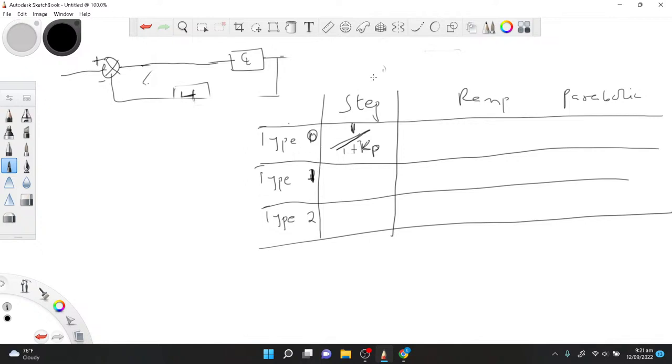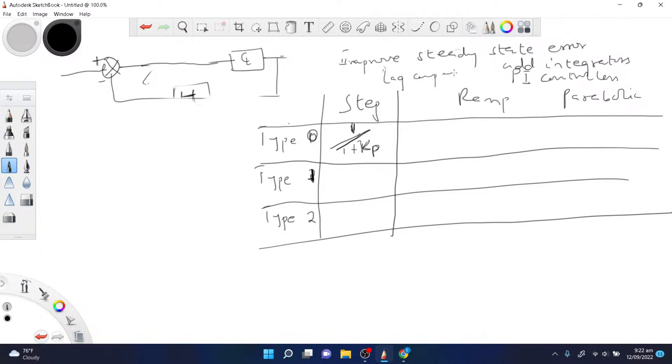And you know that if you want to improve steady state error, you add integrators. In this case, you add PI controllers or lag compensators.